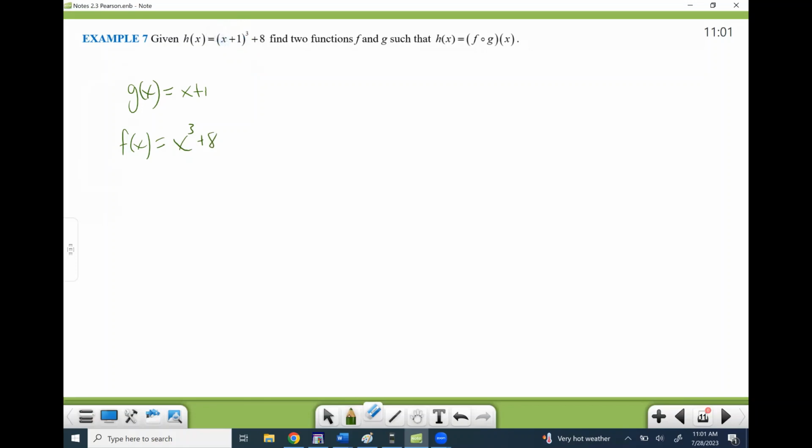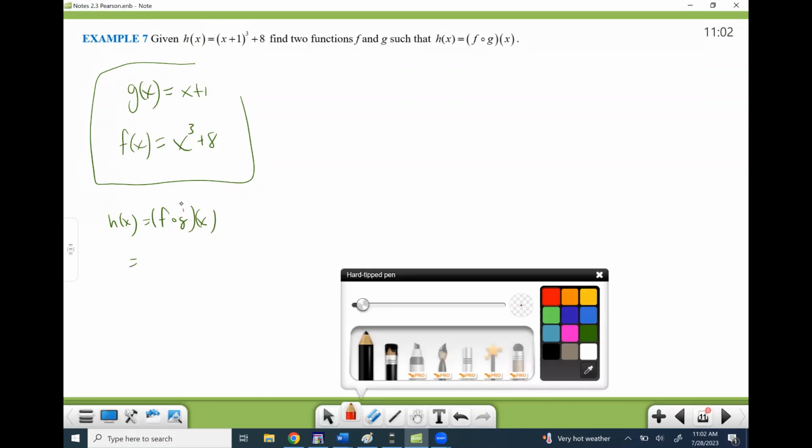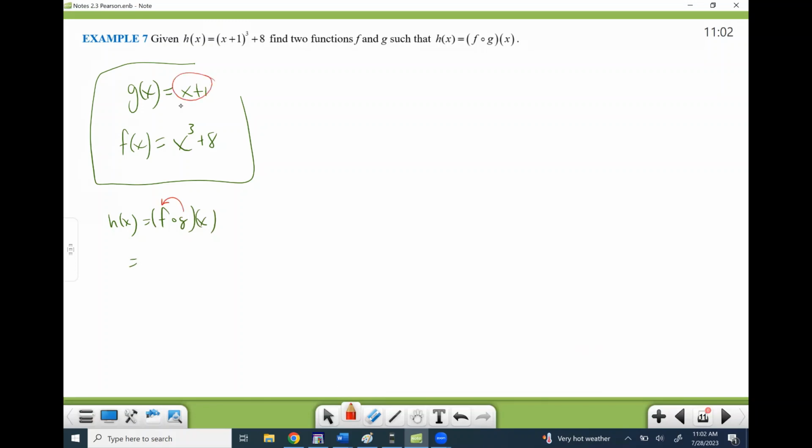Let's see if this works. If we're going to do h of x, which is f compose g, or f of g of x, then we would have to take g and substitute it into f. That's going to get us x plus 1 cubed plus 8. And that indeed matches the original.